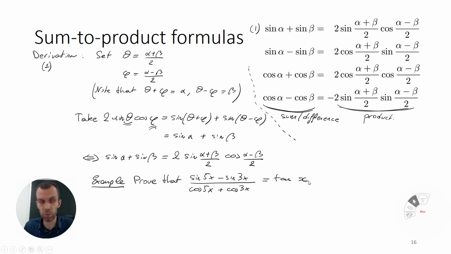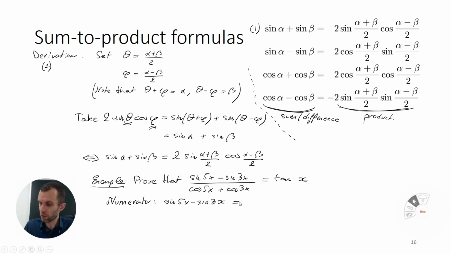So a very complicated expression, but basically what it boils down to is just the tangent of x. In order to do that, well, let's look at the numerator first. Sine 5x minus sine 3x.